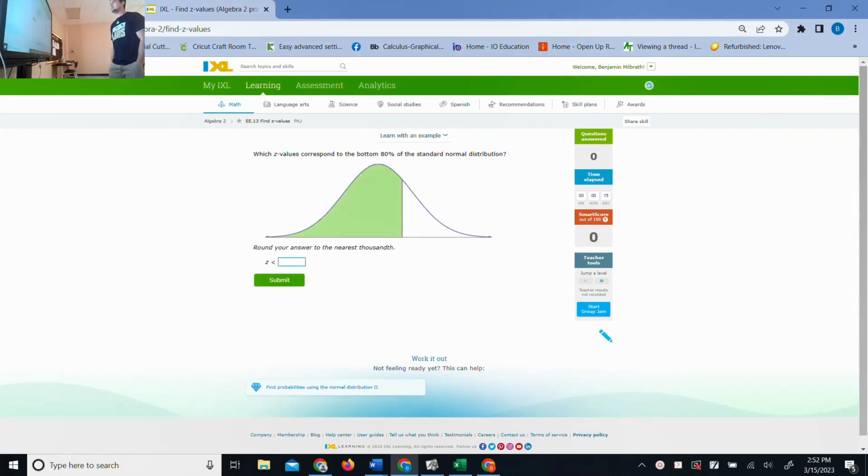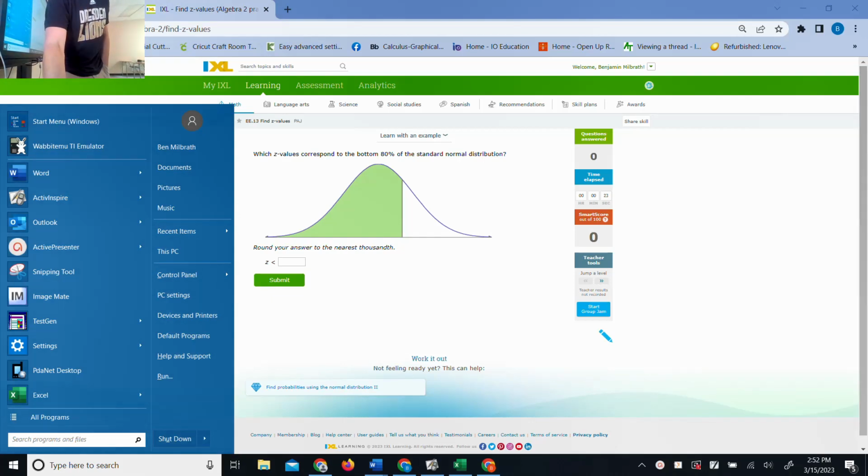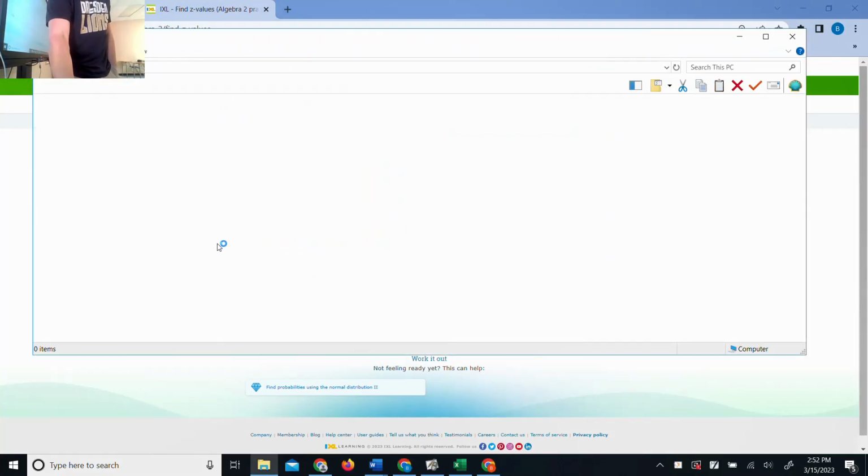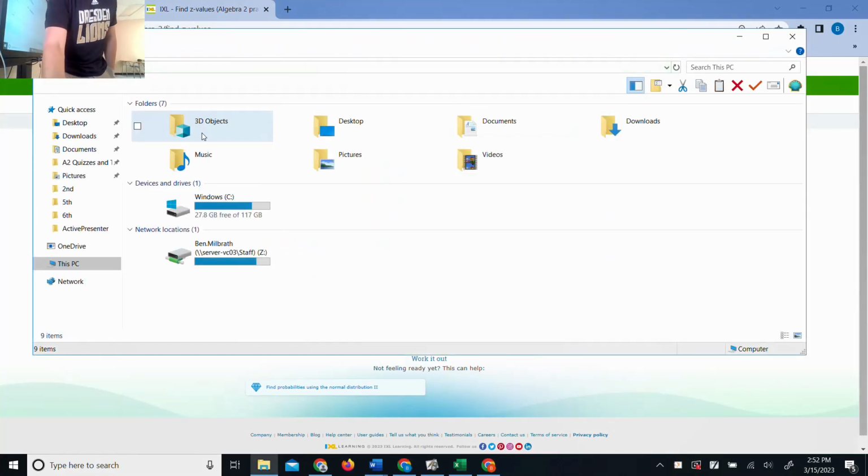What z values correspond to the bottom 80% of a standard normal distribution? I don't have my calculator up yet. You get to use a function called inverse norm, if I'm thinking right. And who knows if I am.